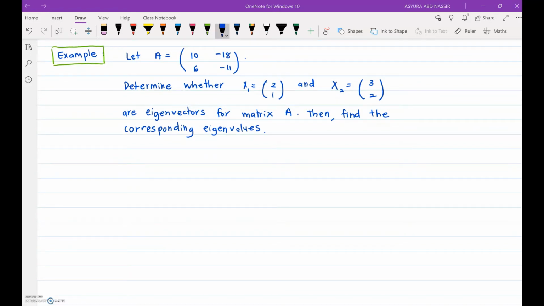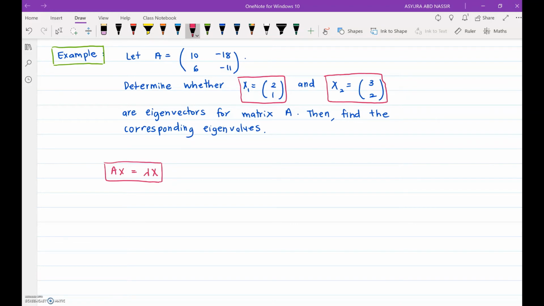Firstly, to solve this question, remember the formula that we will use is Ax equals lambda x. Here two eigenvectors are given, x1 and x2.